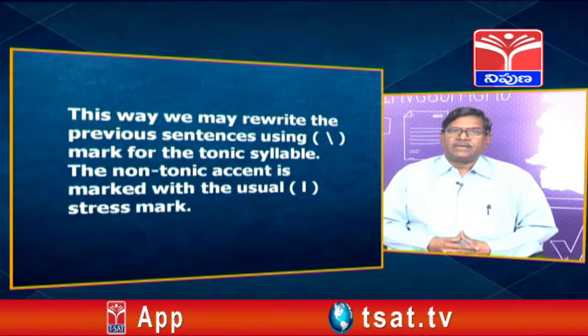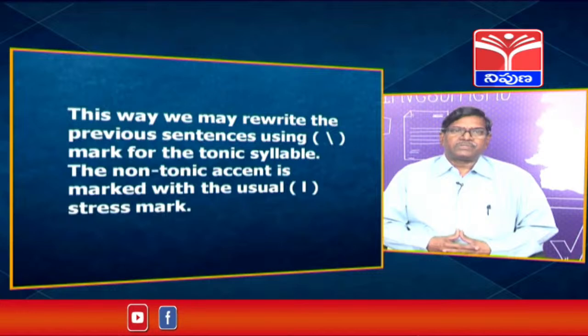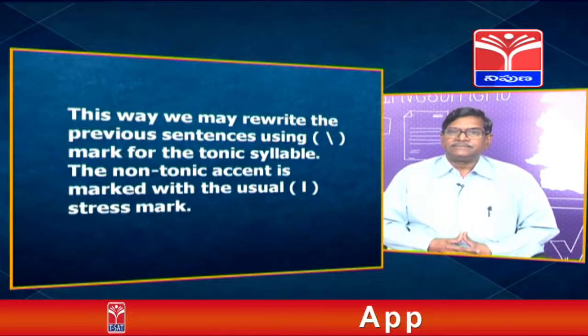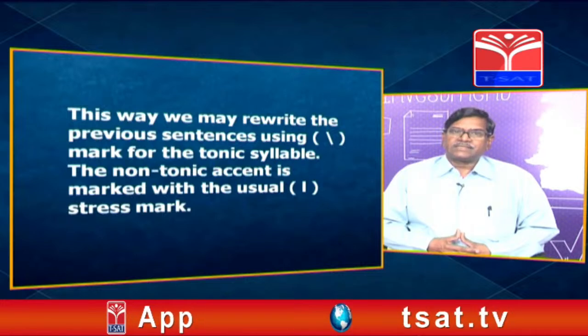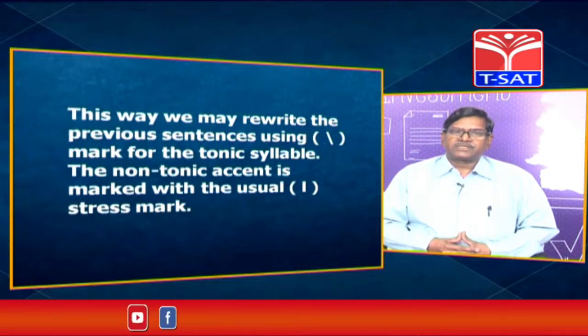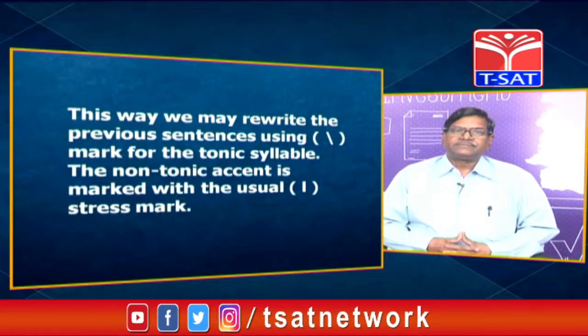That way, we can even rewrite the previous sentences using a slant mark for the tonic syllable. The non-tonic accent is marked with the usual stress mark, a vertical mark before the stressed syllable.